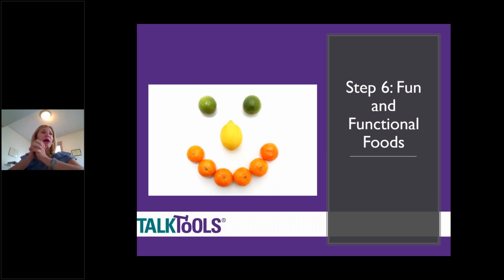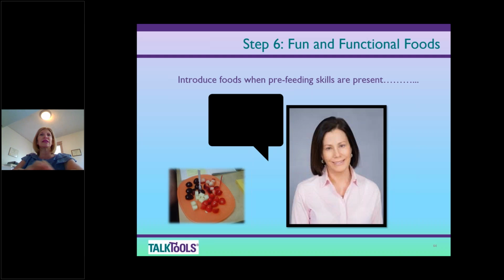So food helps the mouth develop and is proactive against OMDs. Lori Overland says, introduce foods when pre-feeding skills are present. And one of the favorite things that she taught me, and I teach all my parents that come into the office, is you want foods that are small enough to handle but big enough to feel.